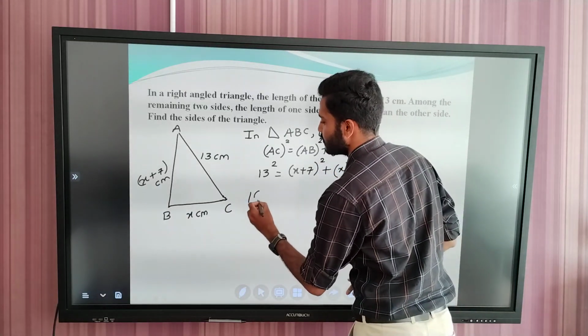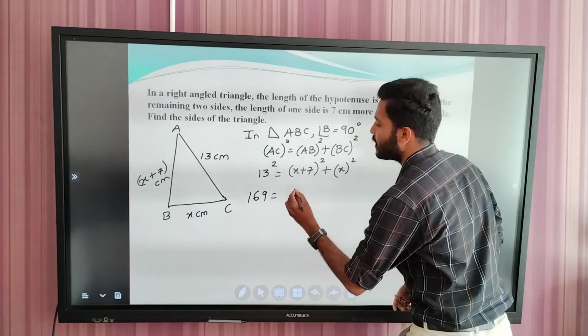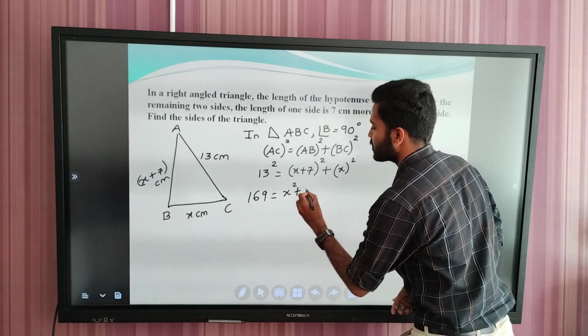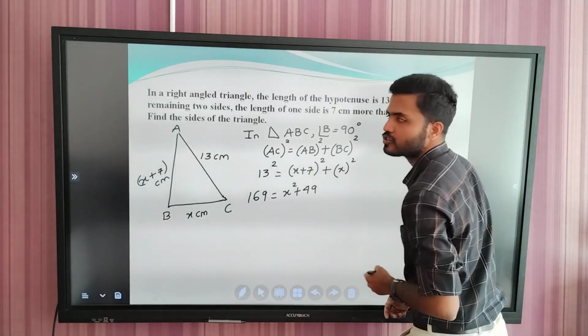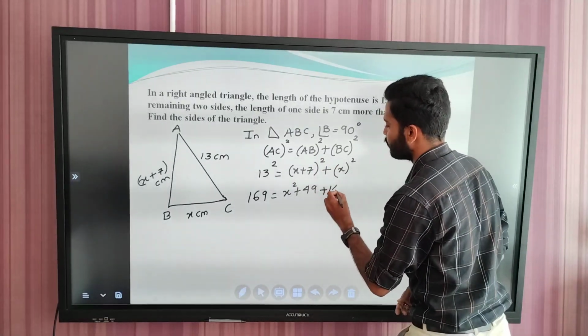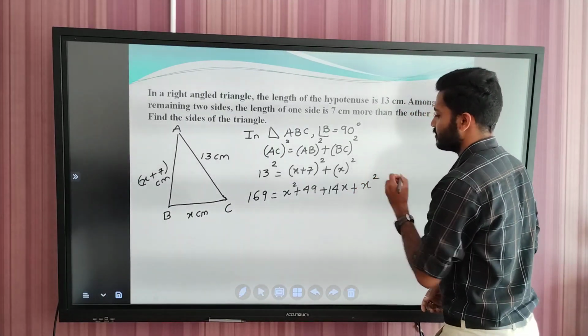So 13 square, 169, is equal to the (a plus b) the whole square formula. So x square plus 7 square, which is 49, plus 2ab, 2 into x into 7, so this is going to be 14x, plus x square.